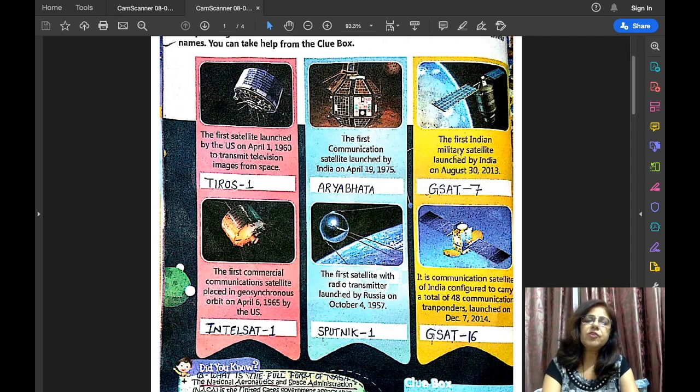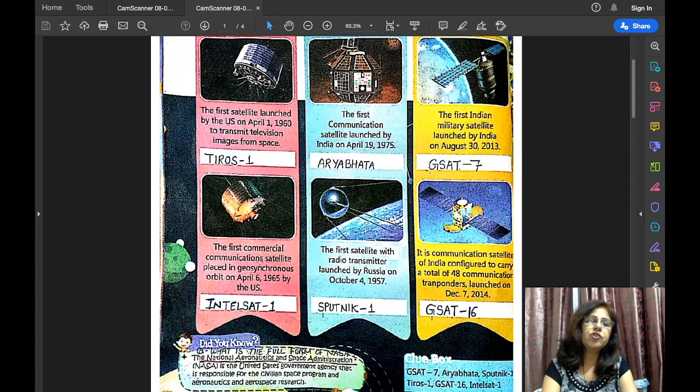Now this is the picture of GSAT-7, the first Indian military satellite launched by India on August 30, 2013. So it was launched on August 30, 2013 by India, and it was the first Indian military satellite.